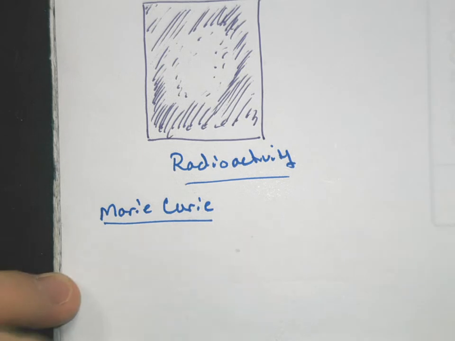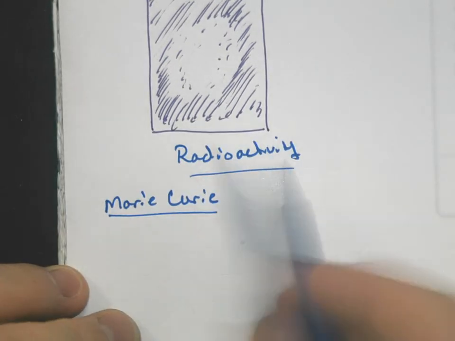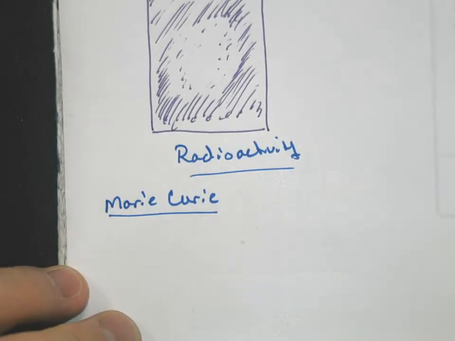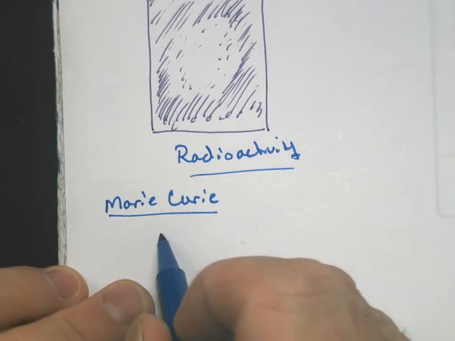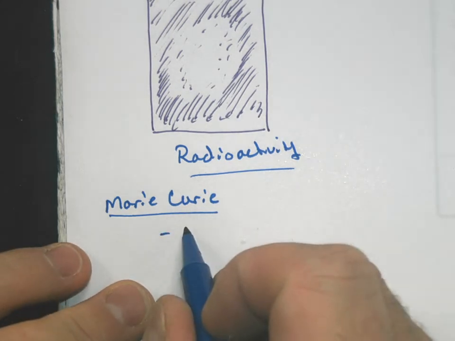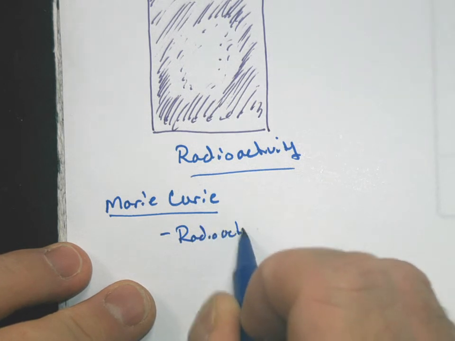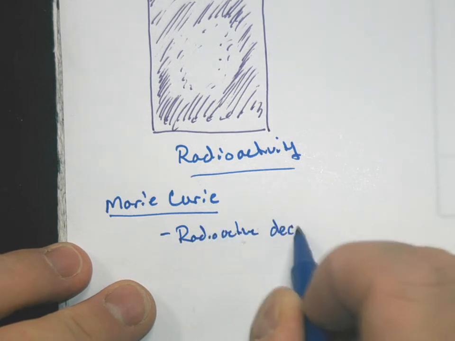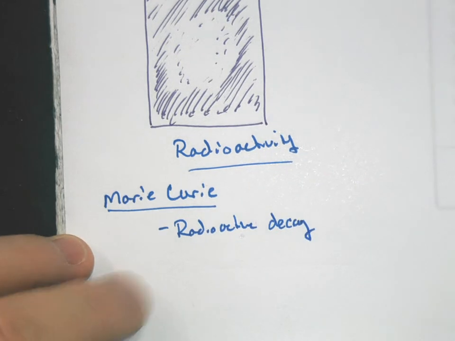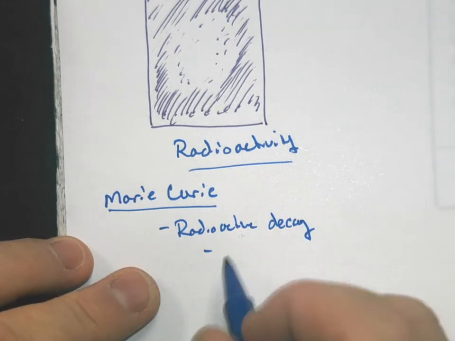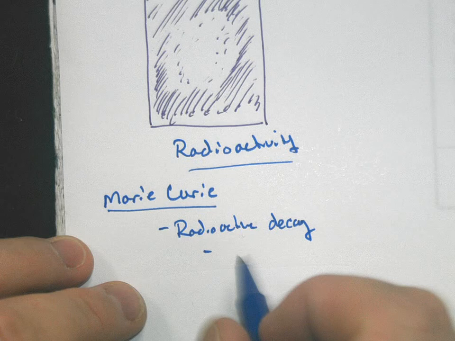And Marie Curie studied this concept of radioactivity, and one of the things that she won the Nobel Prize for was determining this thing called radioactive decay. Okay, and the definition of this we'll give you now, although it's putting the cart ahead of the horse a little bit.